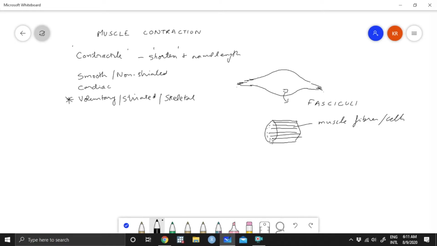If you take a look at a part of this, and we are seeing a muscle cell under a light microscope, we will find these.